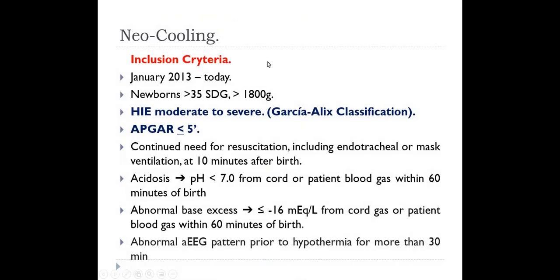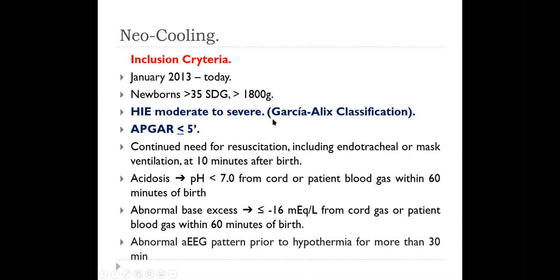Okay, we started our protocol in 2013, and today the inclusion criteria are newborns greater than 35 weeks, more than 1,800 grams.